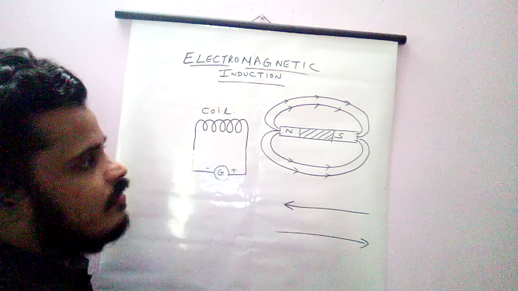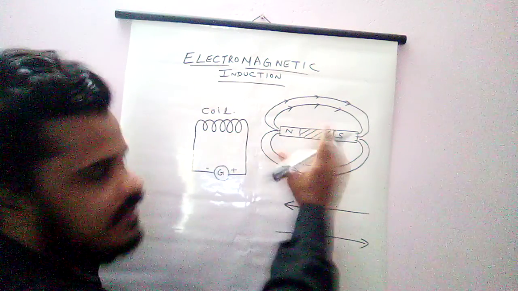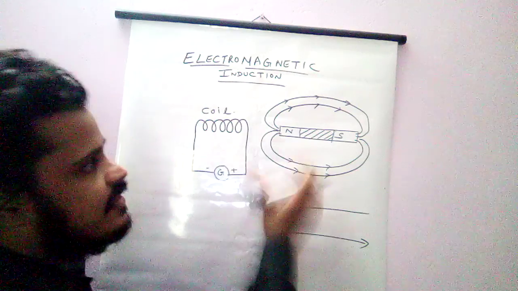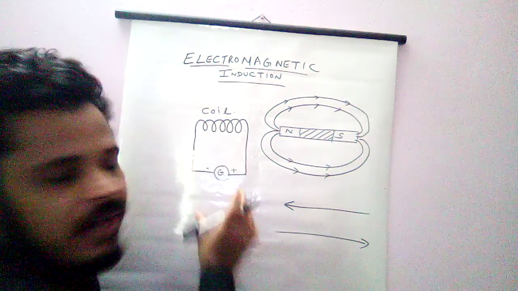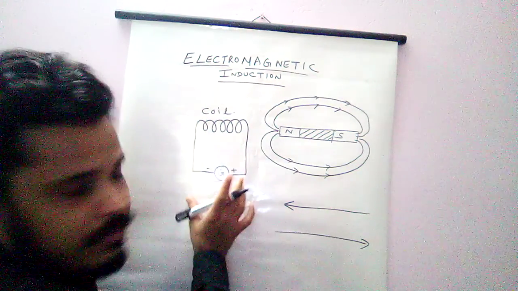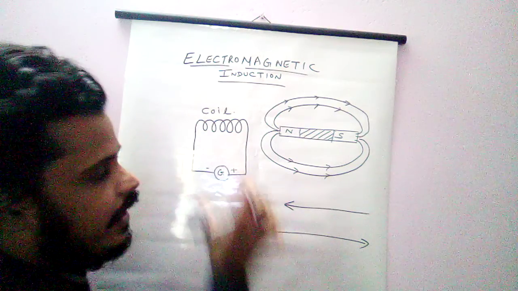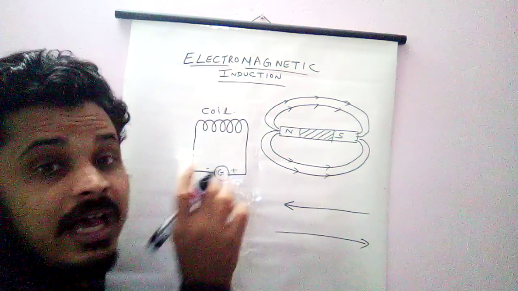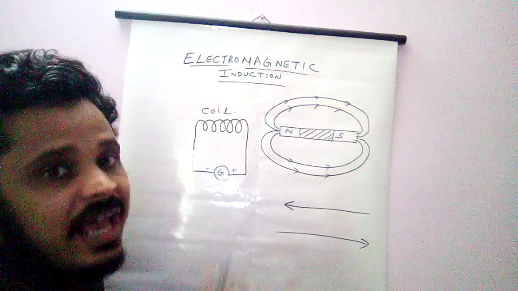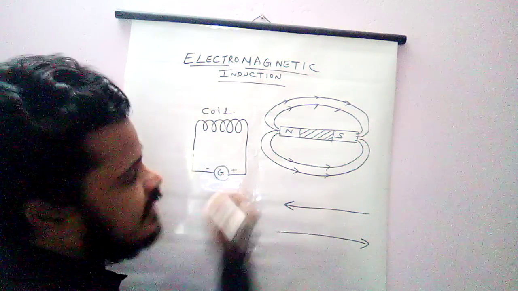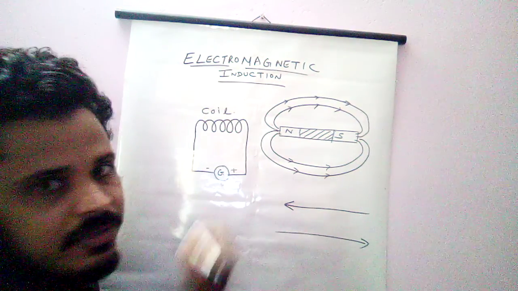So when there is a change in the magnetic field lines linked with the coil, an EMF is developed. This EMF is the potential difference, and due to it a current is developed, and this current is sensed by the galvanometer.